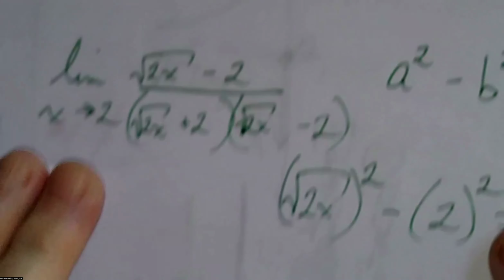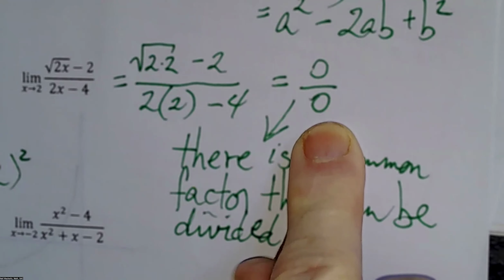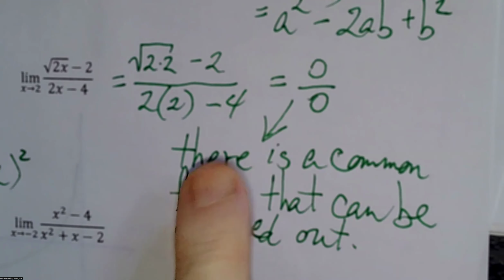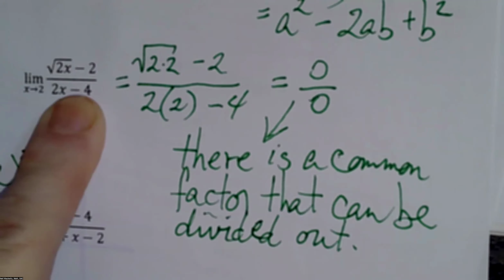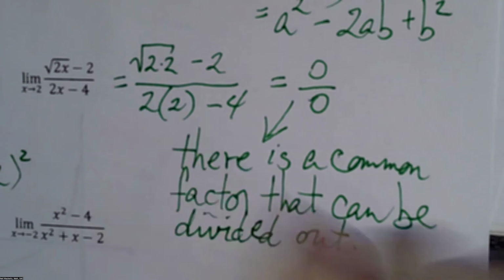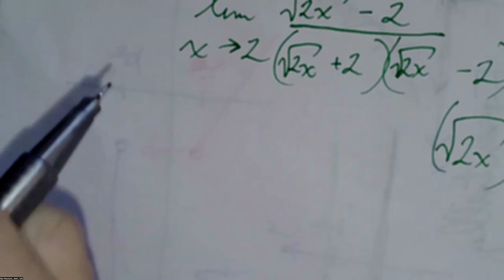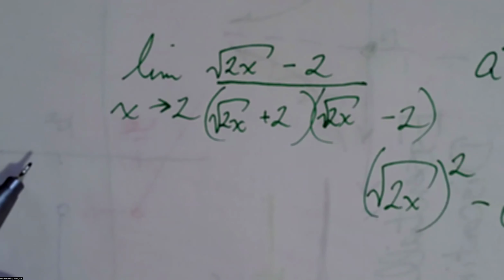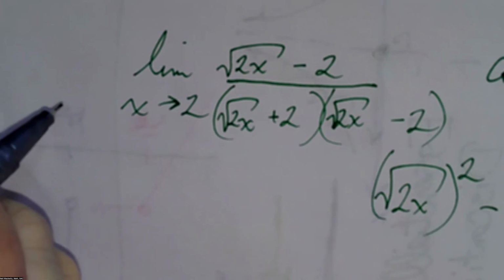Because remember, I said whenever you get 0 over 0 for the limit, it means that there's a common factor that you can go back to the beginning and find, and divide out. And do we have a common factor? The square root of 2x minus 2?